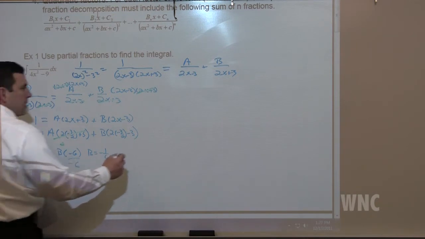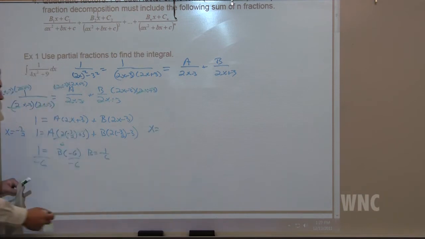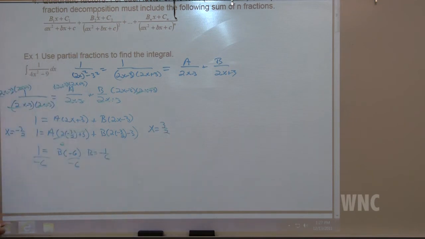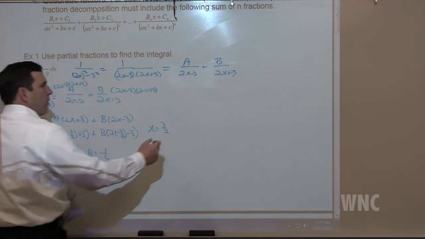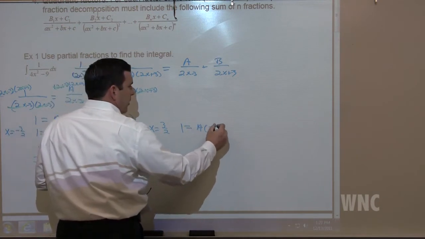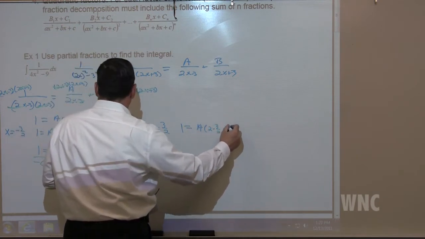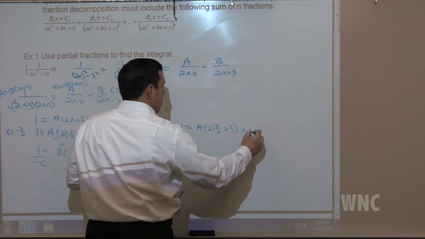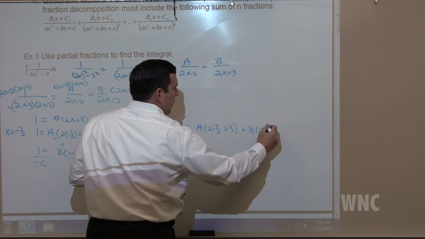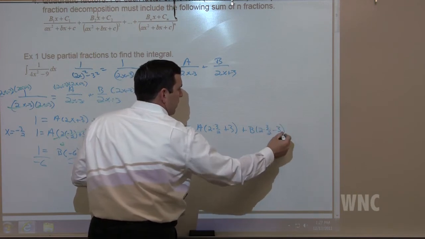In the second case, if we said x equals positive 3 halves, we would have 1 equals A times (2 times 3 halves plus 3) plus B times (2 times 3 halves minus 3).